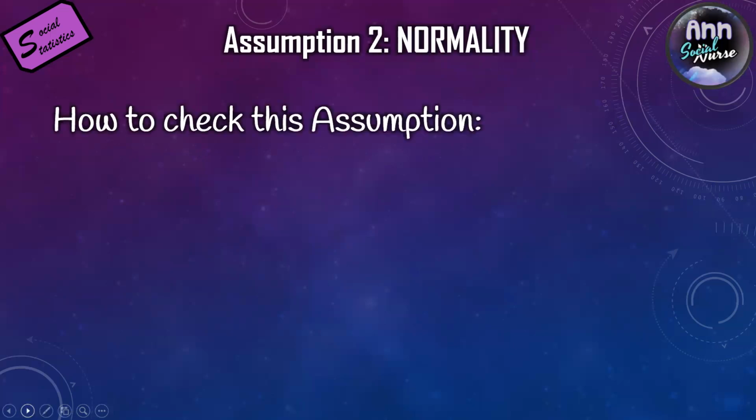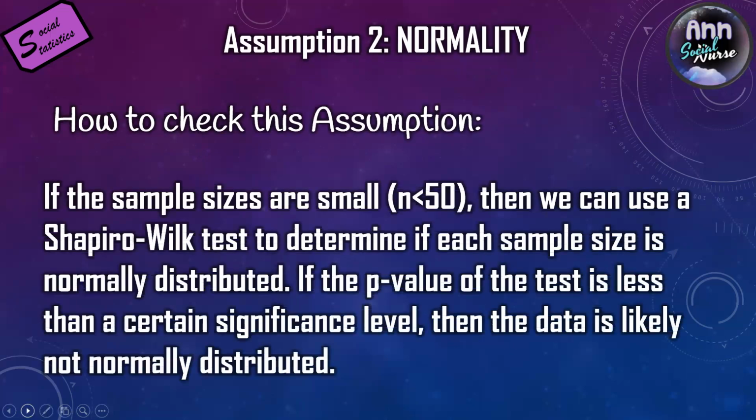Okay, how to check this assumption? If the sample sizes are small, that is below 50, then we can use a Shapiro-Wilk test to determine if each sample size is normally distributed. If the p-value, that is the result of the computation, is less than a certain significance level, then the data is likely not normally distributed.